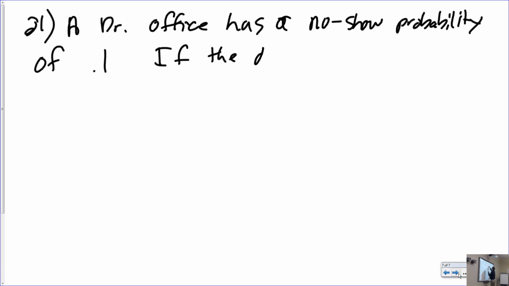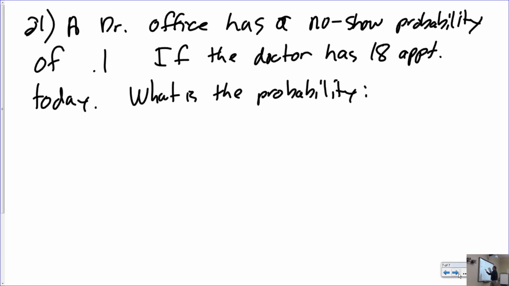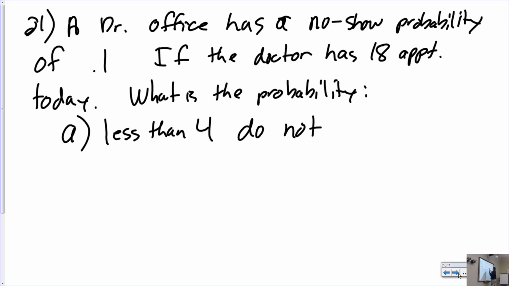If the doctor has 18 appointments a day, what is the probability (a) less than 4 therefore do not show?